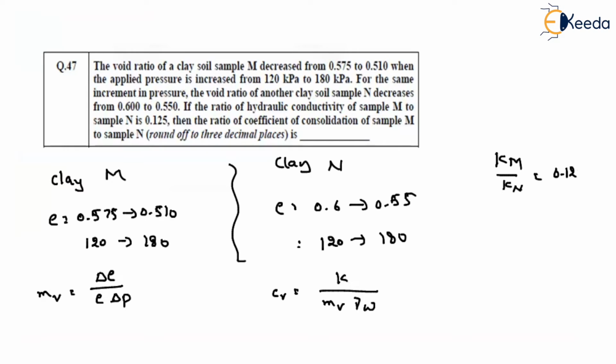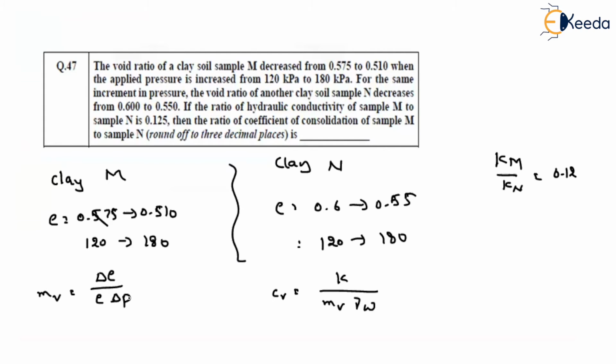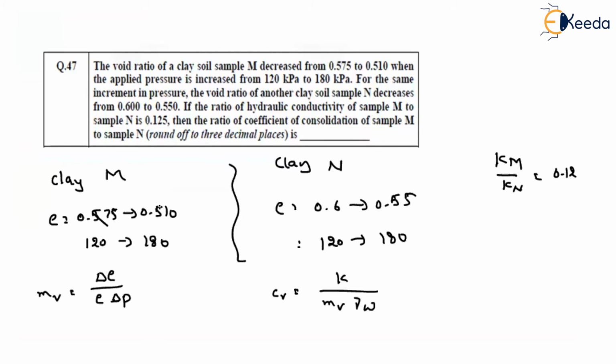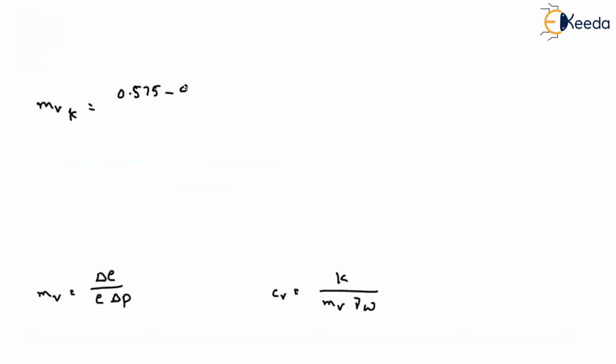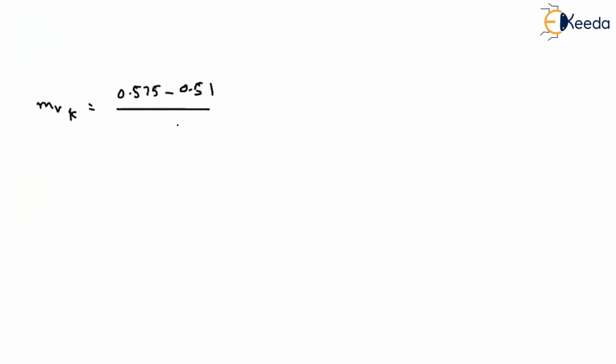So if I talk about mv for sample M, I'm not considering the delta P. Delta e is 0.575 minus 0.51, divided by the initial value 0.575.